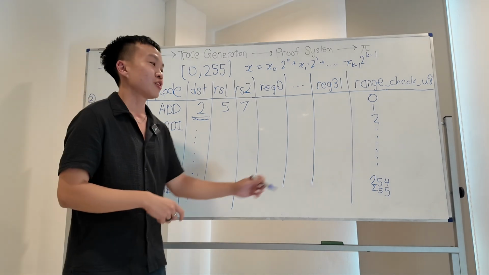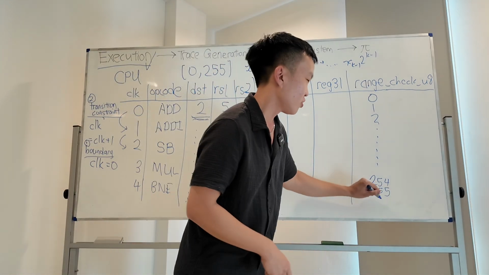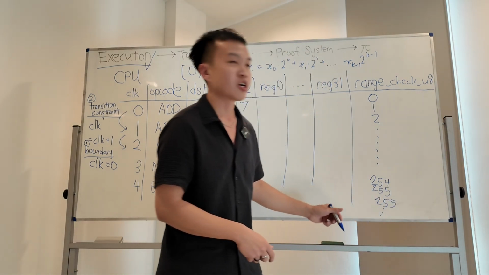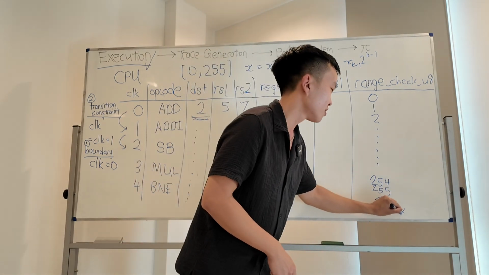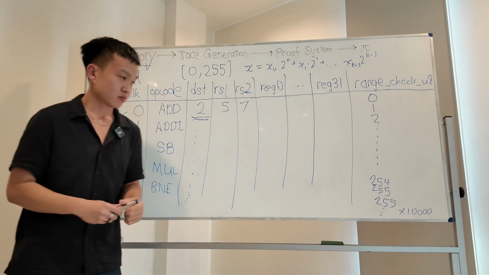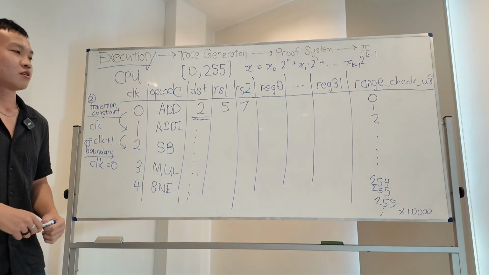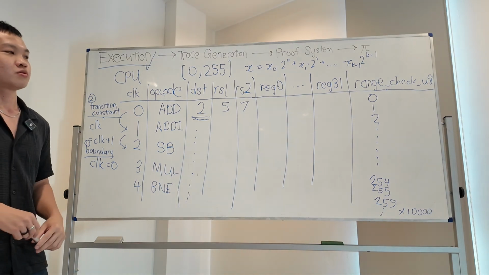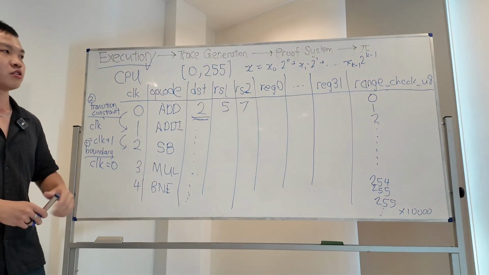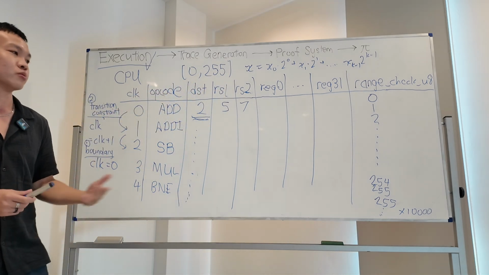So if something is longer than 255, which is most probably going to happen, you're going to have to pad this with 255s all the way until there are, say, 10,000 more rows. So you actually don't need to do this. You can take this set range of values and put them into another, smaller table.